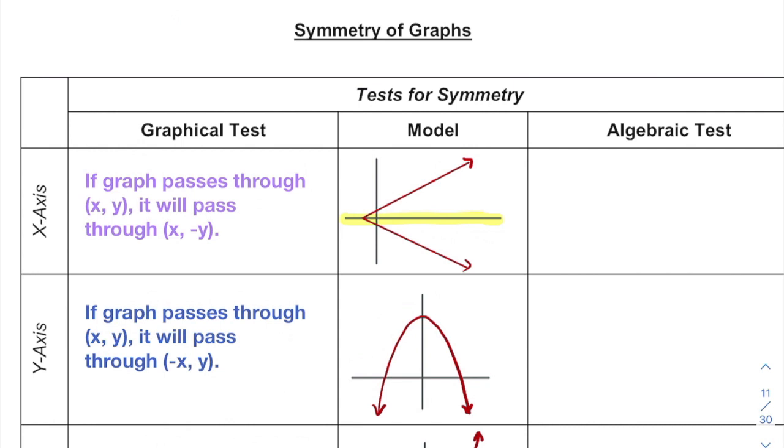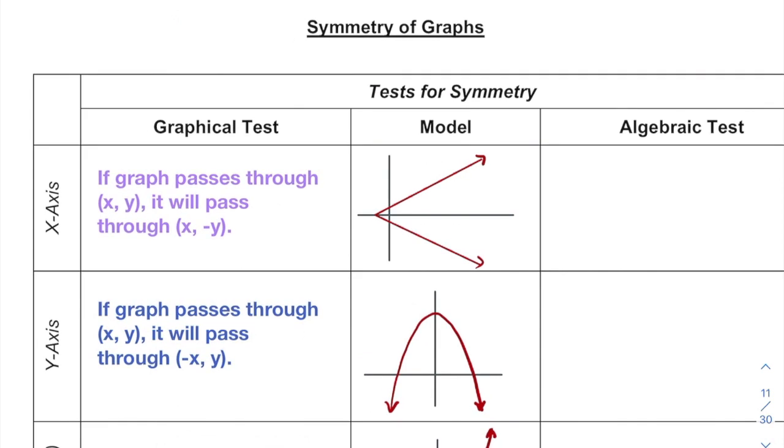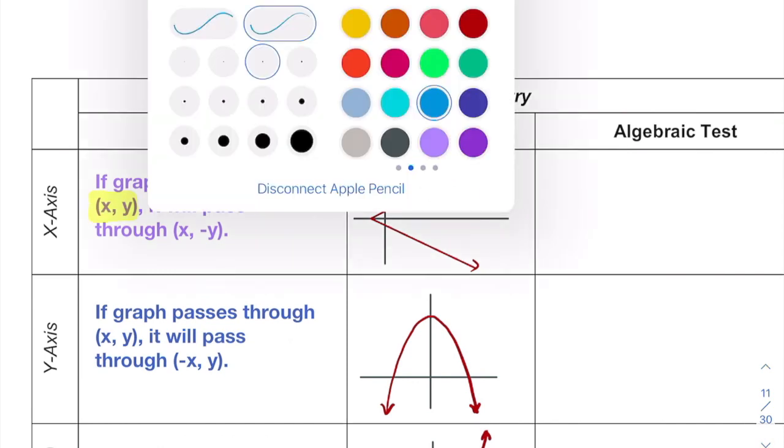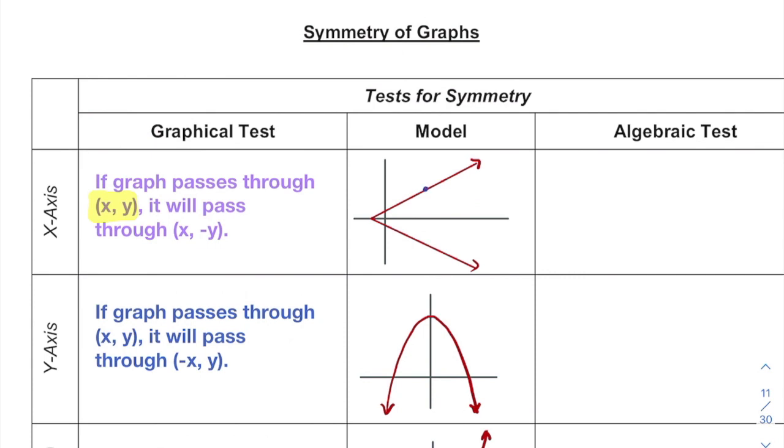So you can first graphically look at it to determine symmetry, but the way to be absolutely certain is that whenever we have x-axis symmetry, what's going to happen is that if our graph passes through a point x, y, so let's say, for example, that this graph passes through the point 3, 2.